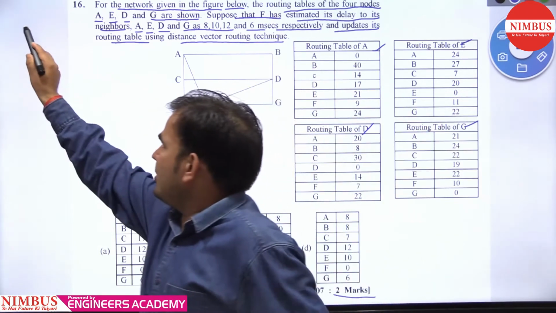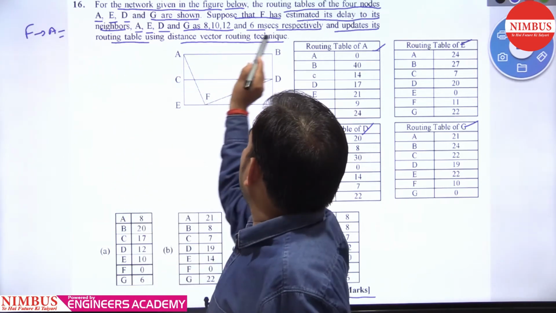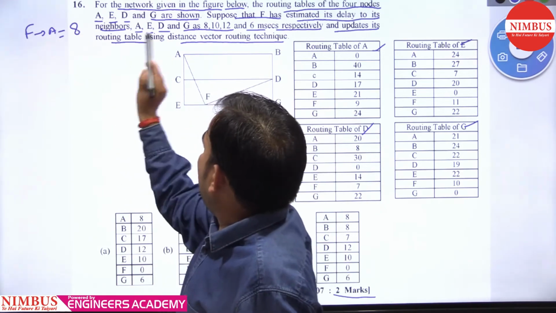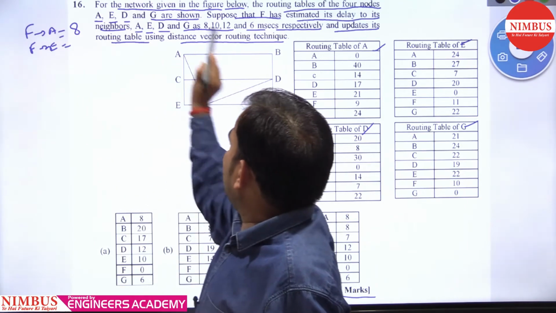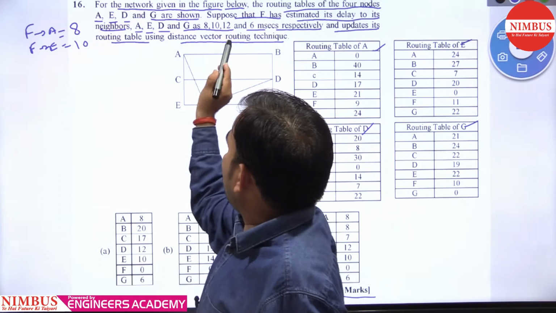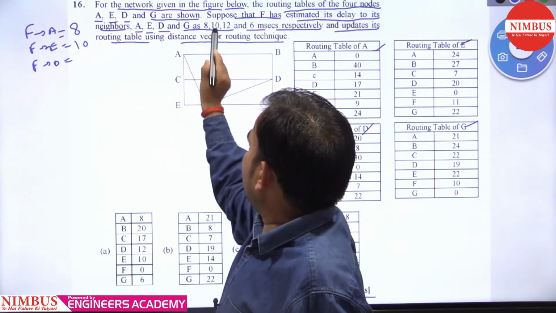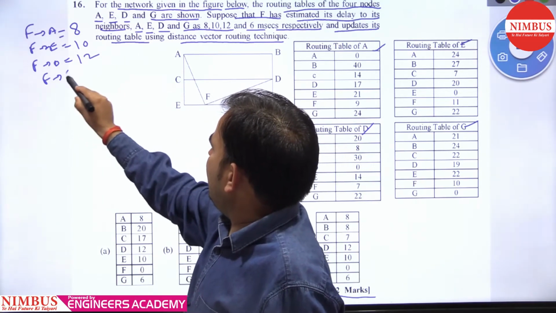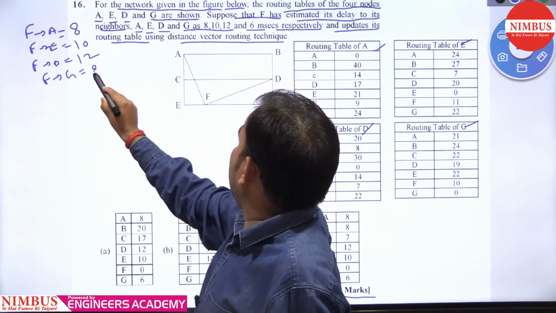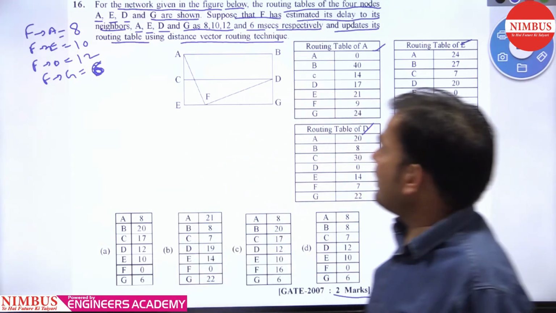F to A is 8, F to E is 10, F to D is 12, and F to G is 6 milliseconds.